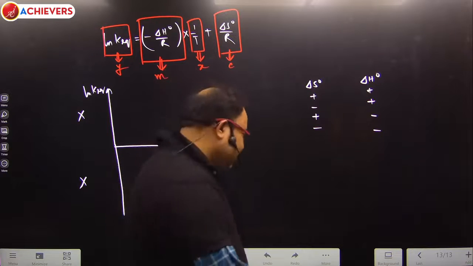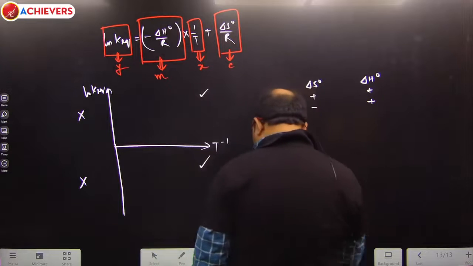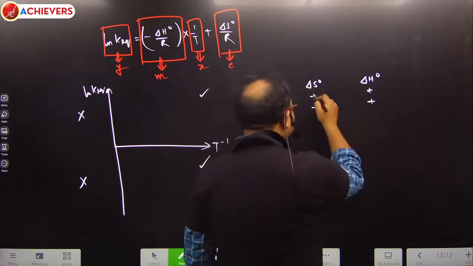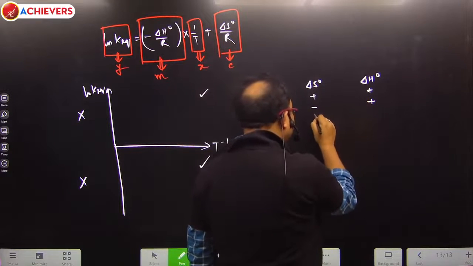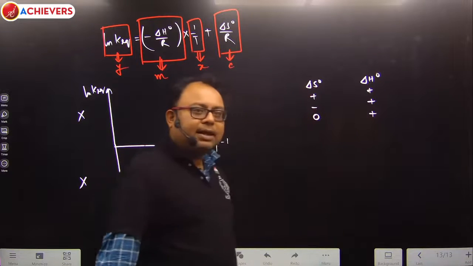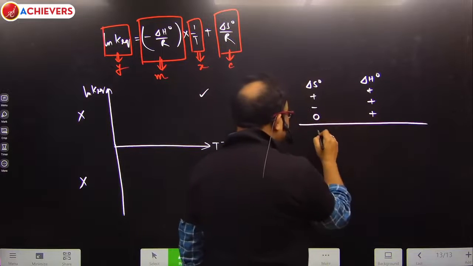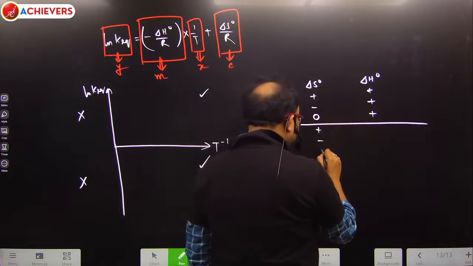Let me generalize this a bit more. So delta S can be positive, negative, or 0. But in all these 3 cases, delta H naught can be positive. Again, delta S can be positive, negative, or 0.